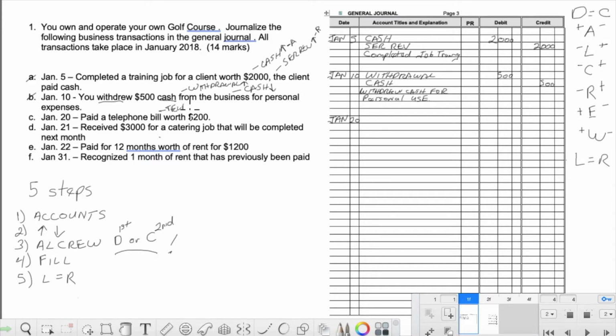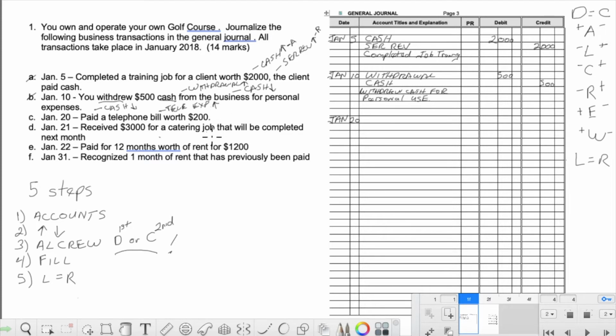So telephone expense. And we paid for it. How do we pay for it? Well, it had to be cash. We went to the bank and paid for it right away. So what's the next thing? Did it go up or down? Cash? Well, if we paid for something, it went down. And our expenses went up because it was a telephone bill.